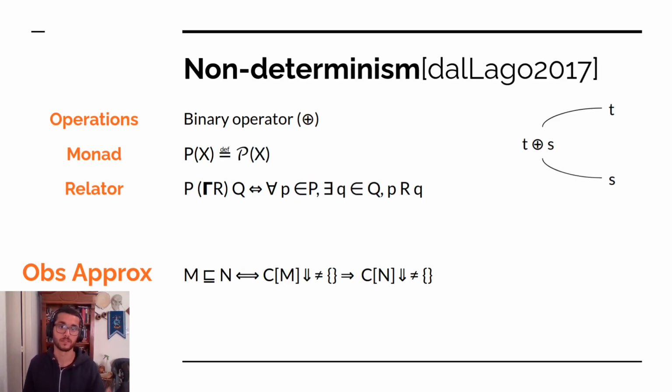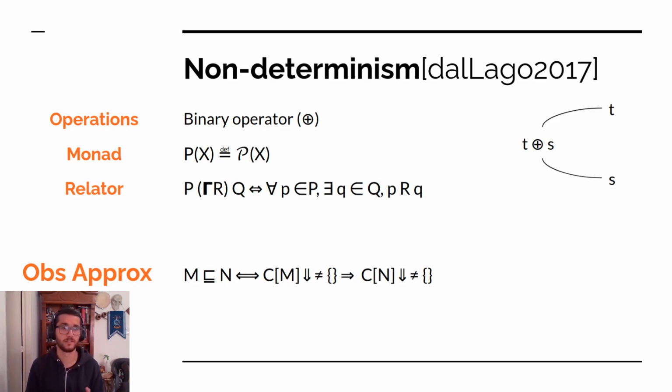For example, non-determinism. We can add a binary operation oplus representing non-deterministic choice. We can use the power set monad to interpret this effect, where the result of the evaluation of a term is the set of all possible values that the evaluation of M can take. And we can interpret the binary oplus operator directly as the binary union of sets.